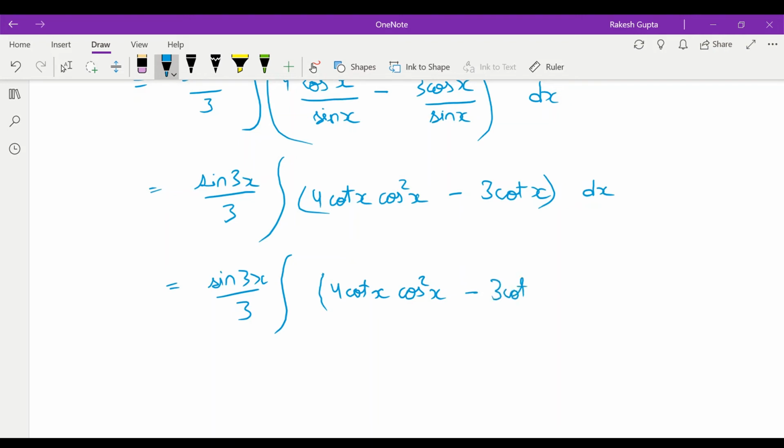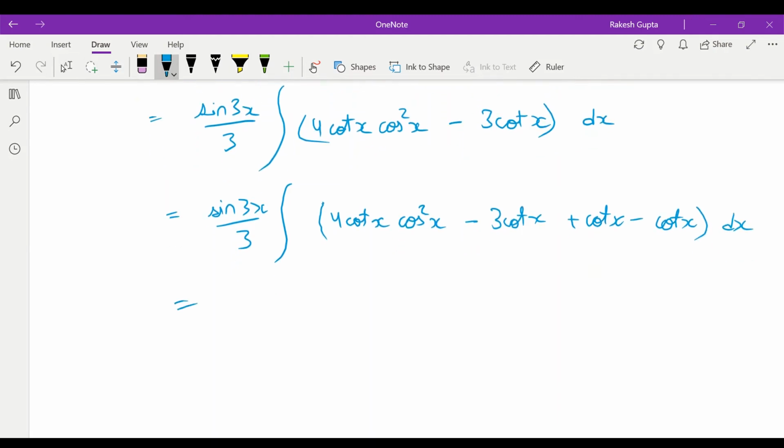So minus 3 cot x, and I'm now going to add and subtract, plus cot x minus cot x. So now this minus cot x and this minus 3 cot x becomes minus 4 cot x.